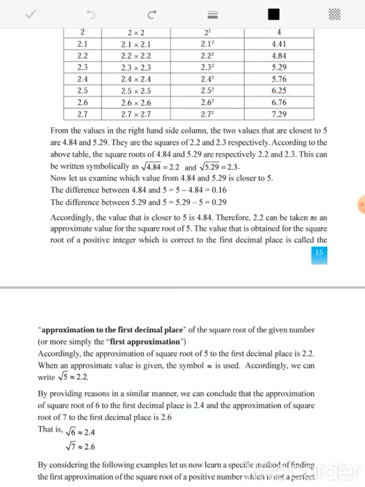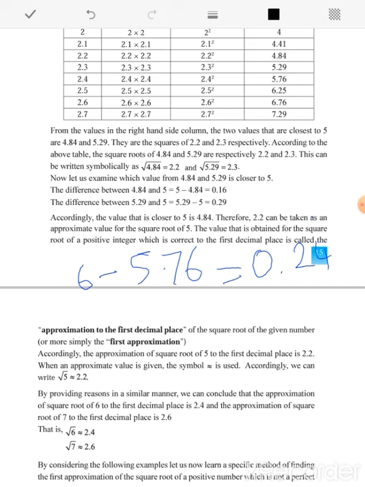Sorry, the difference is less. Let's do this one. The difference between 6 and 5.76 is equal to 0.24, right?